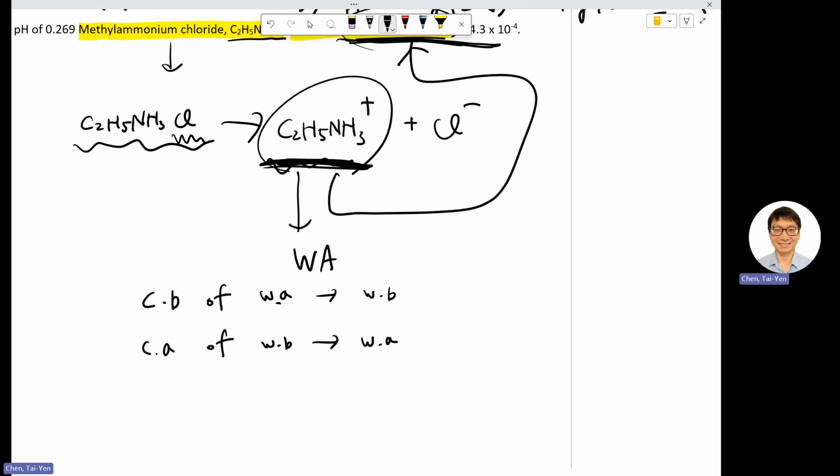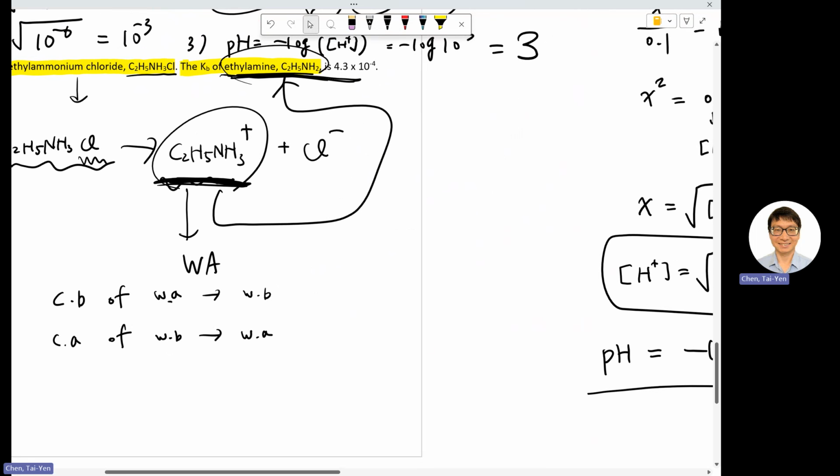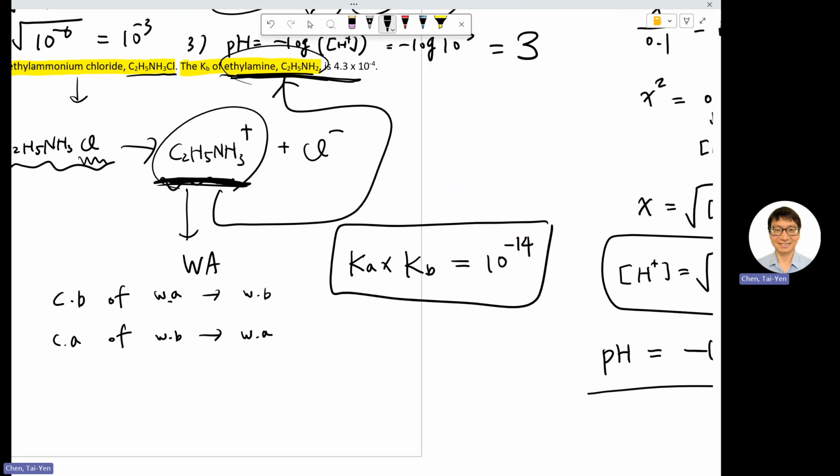So here is the part you want to know. It's a very important concept for the aqueous solution: the Ka and Kb of a conjugated acid-base pair, when they multiply, give you a constant, 10 to the negative 14.